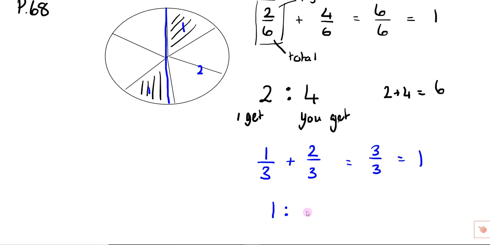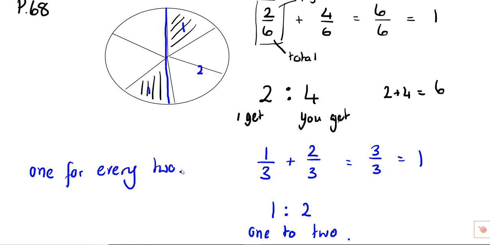1 to 2. How we say it is 1 to 2, or another way of saying it would be 1 for every 2.